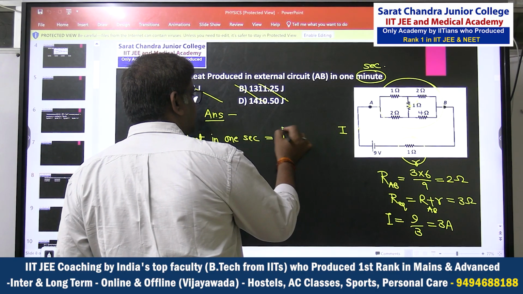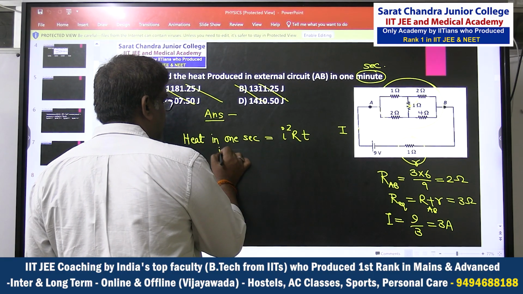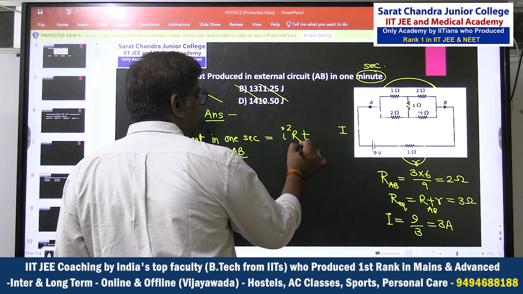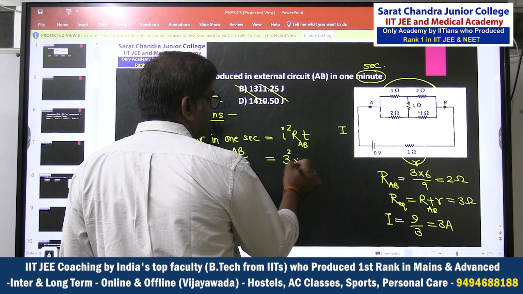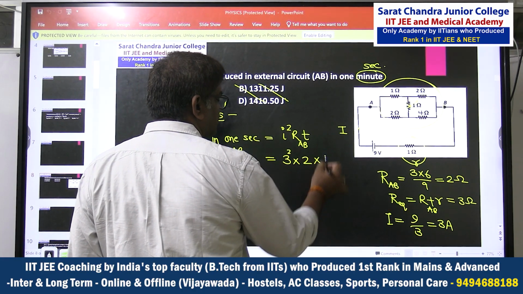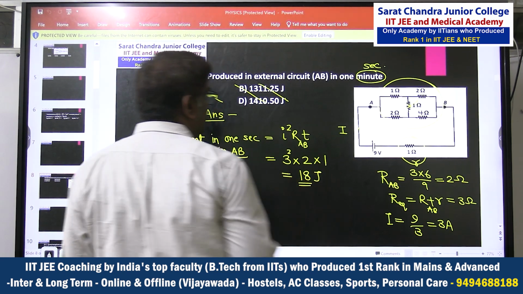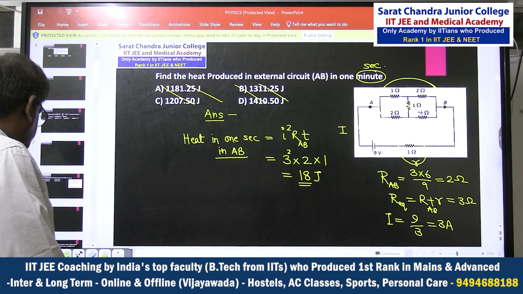Heat generated means power, I square R into T. Since they are talking about the external circuit only, that means in AB only, I will take RAB. So this is going to be 3 square into RAB, which is 2, into time, 1 second. That's why the answer is 18 joules. So it's integer type, that's why it is 18 joules.